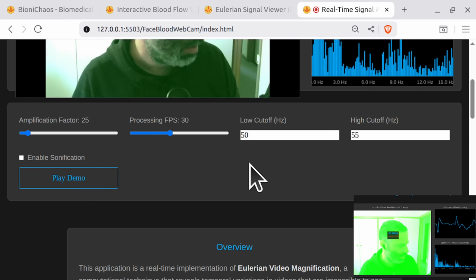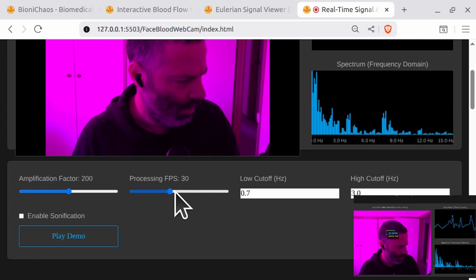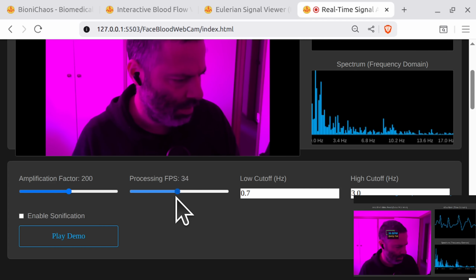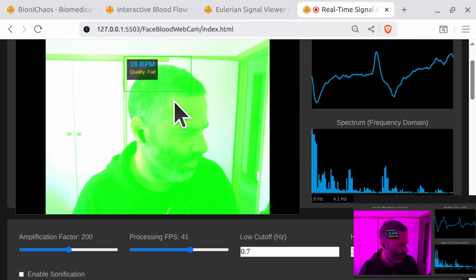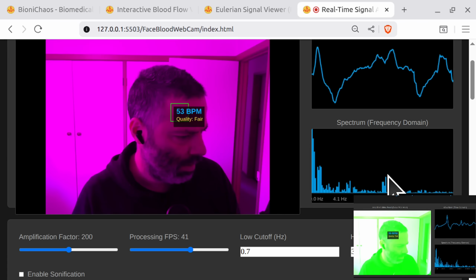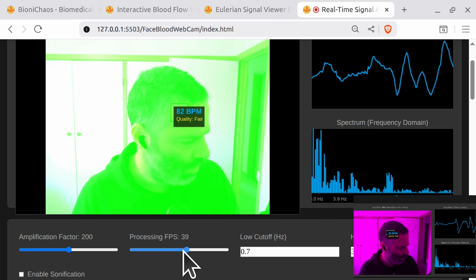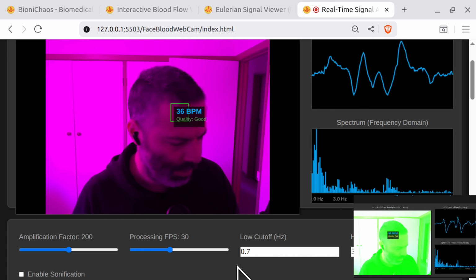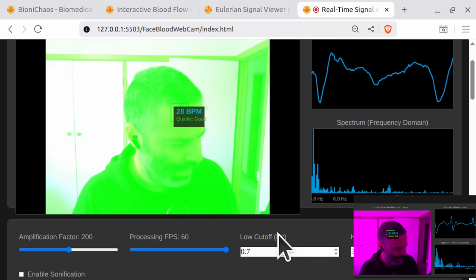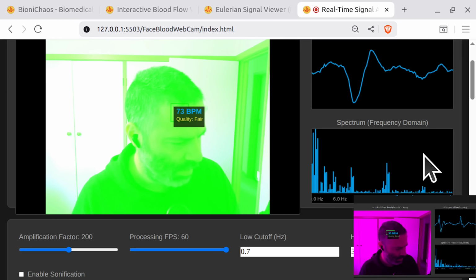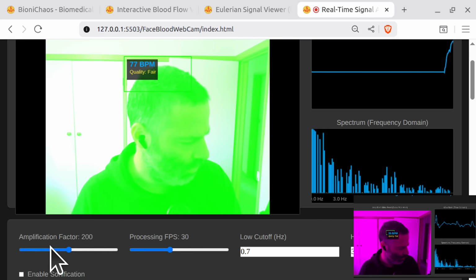Let's reset it for a sec. Your frames per second will define the frequency domain there. So if you have 40, Nyquist rate will be half of that. Taking into account we default use 30, we can go all the way up to 60. It's not actually 60, it's like 59 something. But 30 should be plenty.